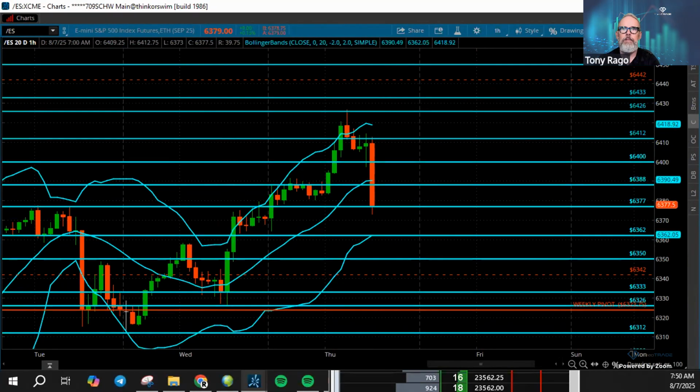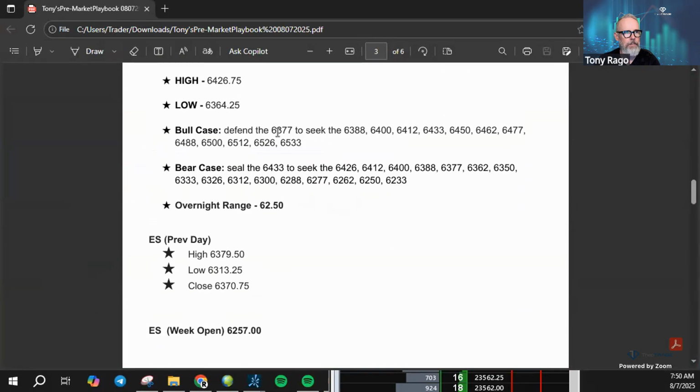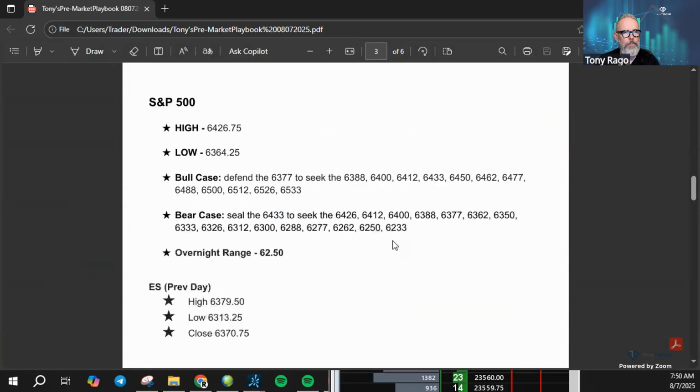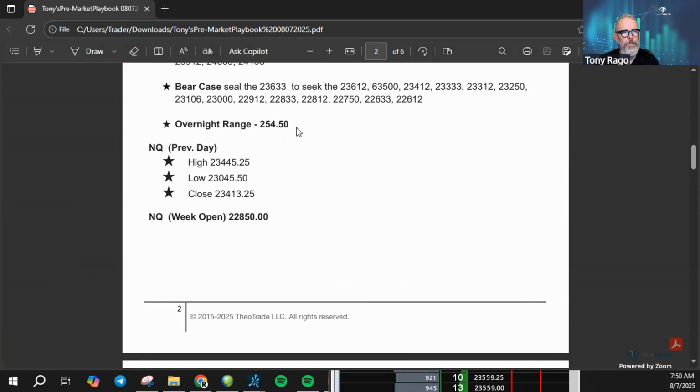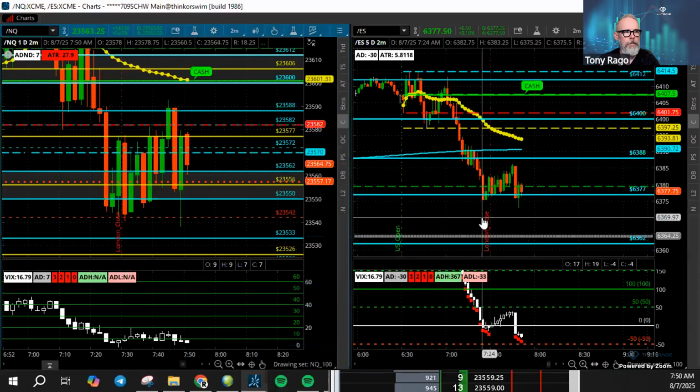So if you guys get my pre-market playbook, that is the bull case, is for them to defend the 63.77, to seek the 88 and then the roundy and all this back here. So they're doing it so far. And we look at our range overnight, 62 points. Our range overnight is 250 points on NQ. So you knew it was going to be spicy today.